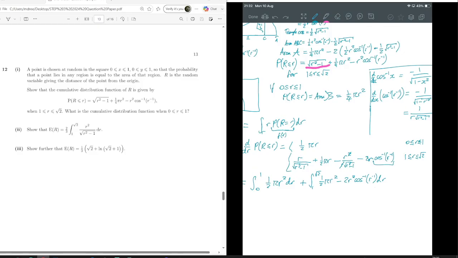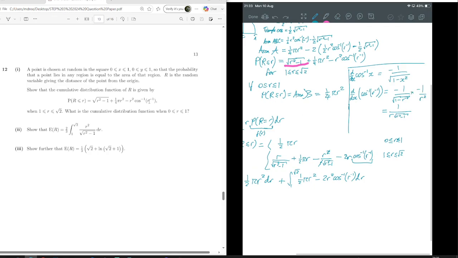Because that term looks almost like, if we didn't have this r squared here and we didn't have to product rule, we'd get the cos inverse leading to this term. We'd times it by r, and then the r squared pops back in afterwards. So that feels like what would happen if you didn't know the product rule.